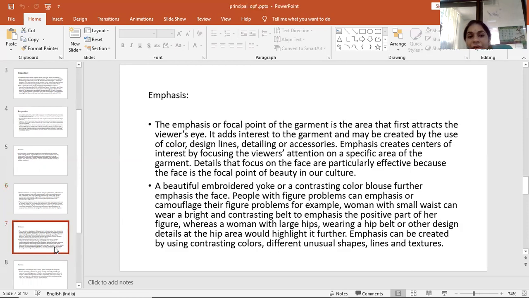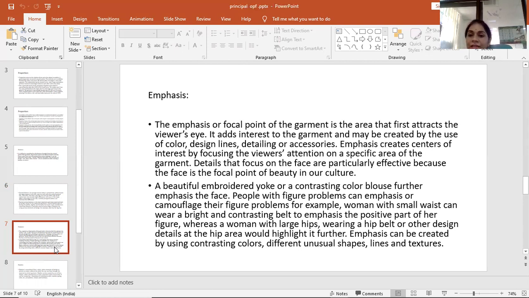Now, emphasis. This is also a principle of design. The emphasis or focal point of the garment is the area that first attracts the viewer's eye. It adds interest to the garment and may be created by use of color, design, lines, detailing, or accessories.